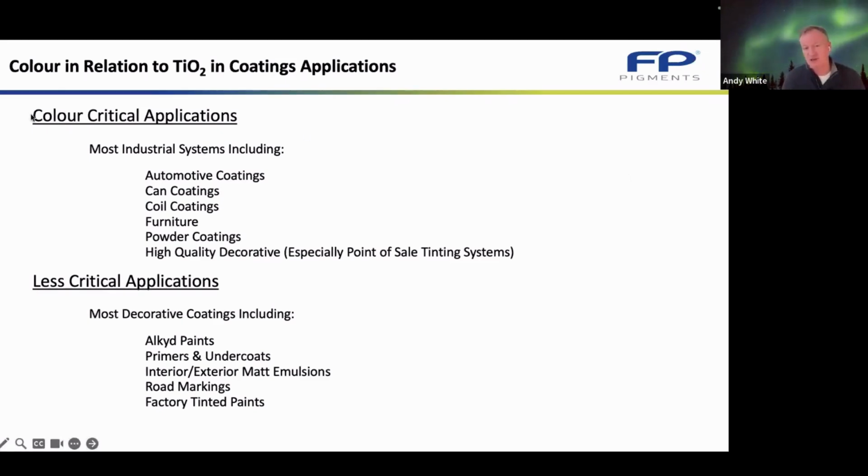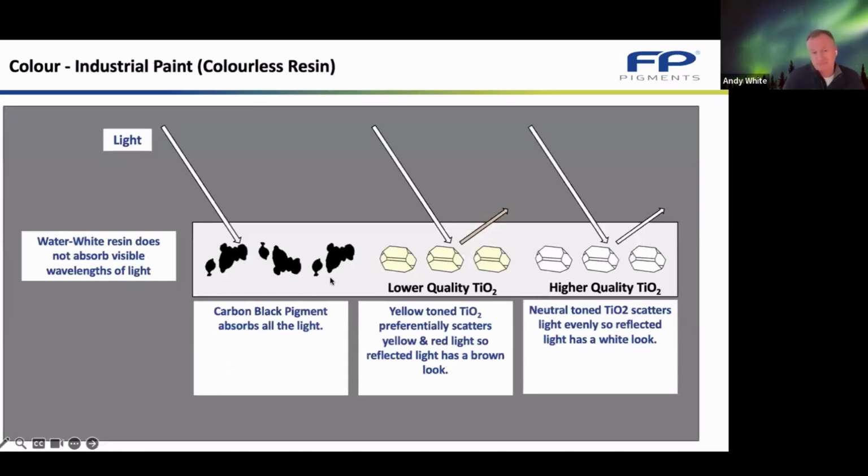What you tend to find is that for color, for mass tone, the critical applications are, you know, automotive, can coating, coil, powder, and then the less critical ones are the areas where the polymers or there's a lot of fillers used, and those fillers themselves have some color. So essentially, when you think about it in a resin sense, if you have a super clear resin, like in an industrial application, okay, if you use a lower quality TiO2 that might have a little bit of iron in it, slightly yellow, you're going to see the difference because the resin is clear, okay?